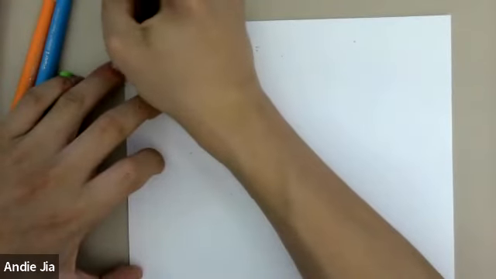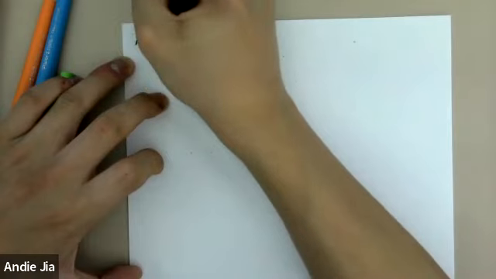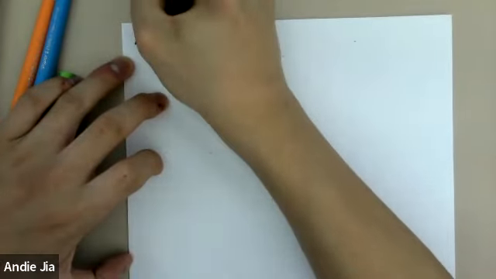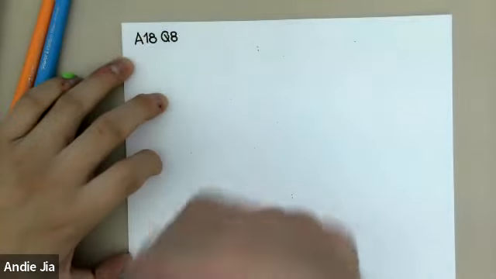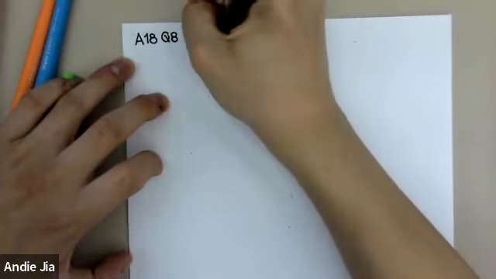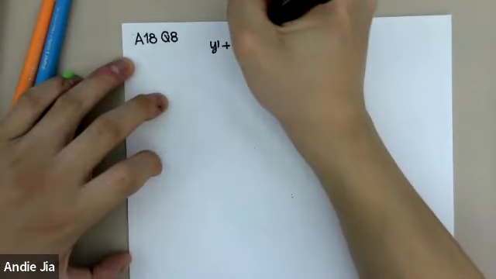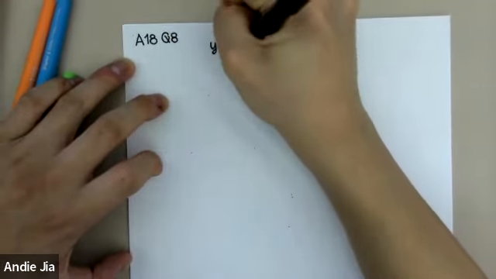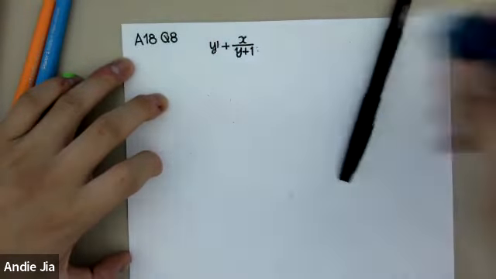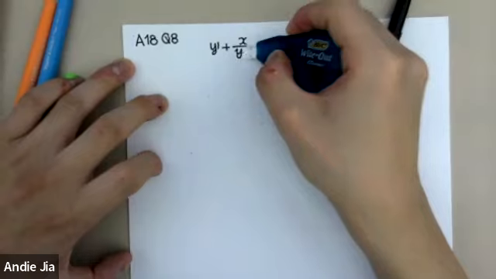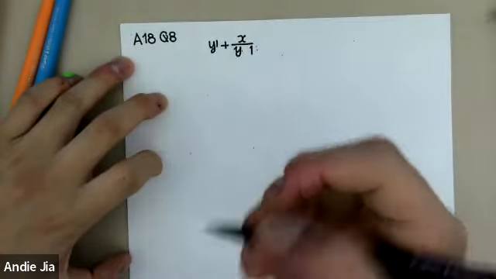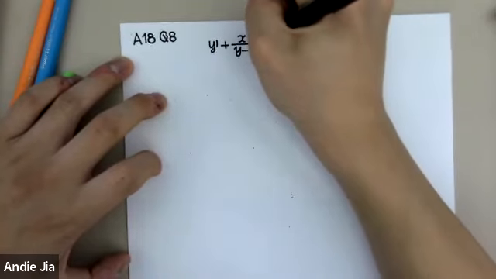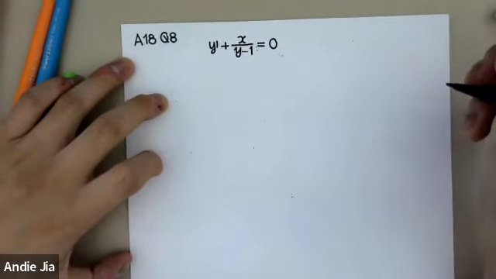Okay, this is Autumn 2018 question 8. Now there's a separable differential equation. Question 8 has y prime plus x over y minus 1 equals 0 here.